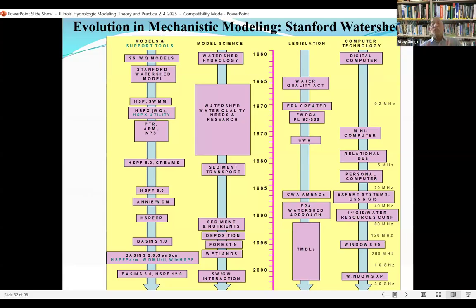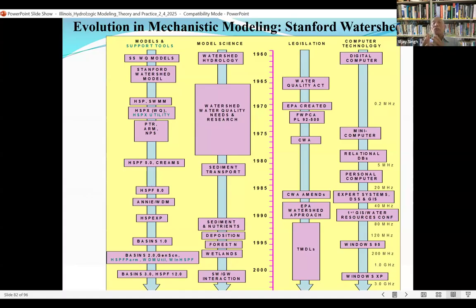The second row essentially describes the model science. So the emphasis was not only that; in the late 60s and the 70s and thereafter, the second component is model science, which means the hydrologic models were integrated with water quality models, with sediment, with nutrients, and so on.